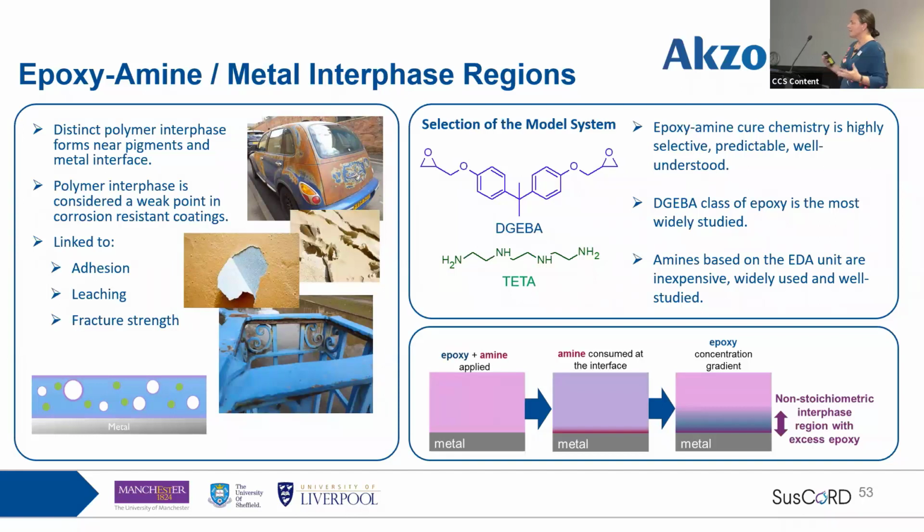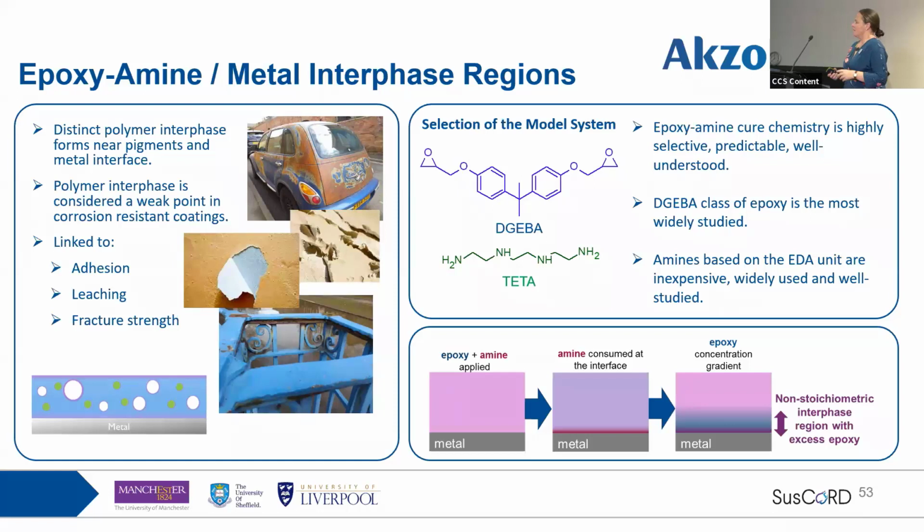So generally in the literature for corrosion-resistant coatings, these kind of interphase regions have been linked in often quite a hand-wavy way to things like loss of adhesion, leaching and transport. I think Reza gave a really good talk on Monday that showed exactly that, how transport can happen around pigment particles, and also fracturing.